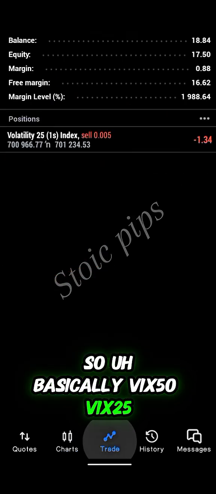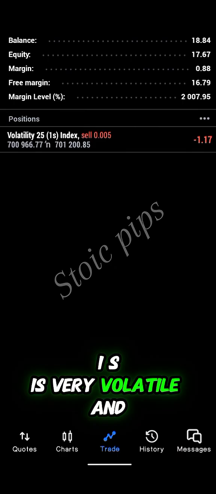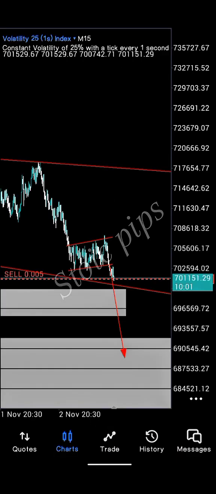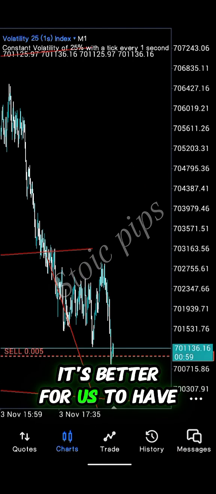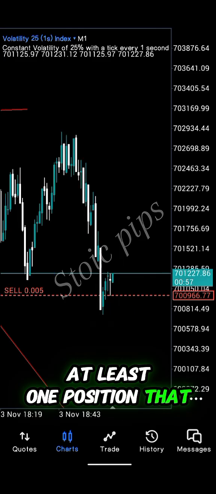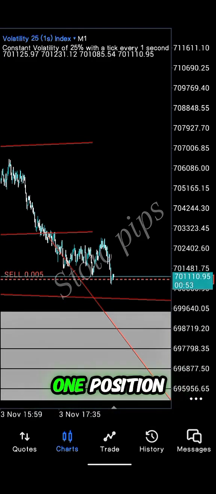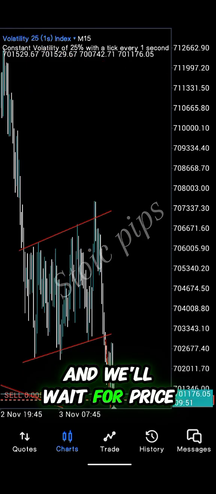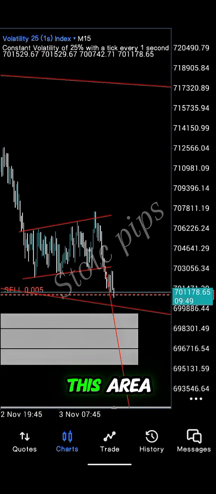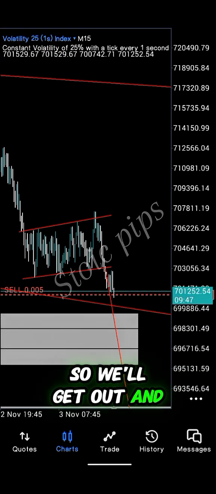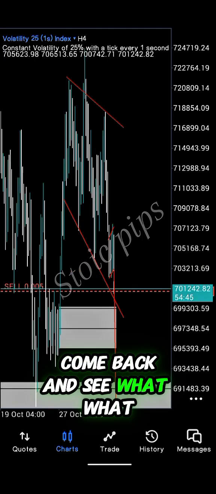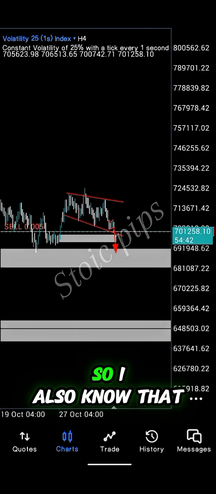So it's better for us to have at least one position that we can manage easily. So that's why I've placed one position, and we'll wait for price to do its thing at this area. So we'll get out and come back and see what has happened.